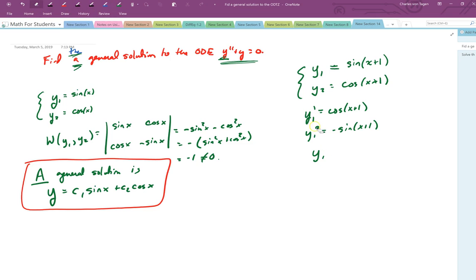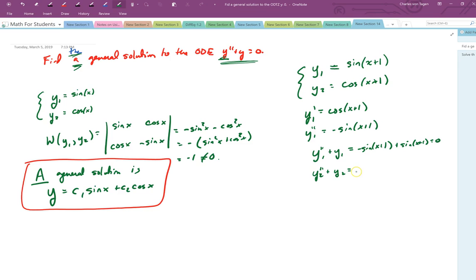That looks like we're thinking that's a squared. y1 double prime plus y1 is, well, minus the sine of x plus 1 plus the sine of x plus 1 equals 0. So that is indeed a solution. And likewise, if I took y2 double prime plus y2, I don't know why I put a prime on this first one, folks. That should not have a prime on it.